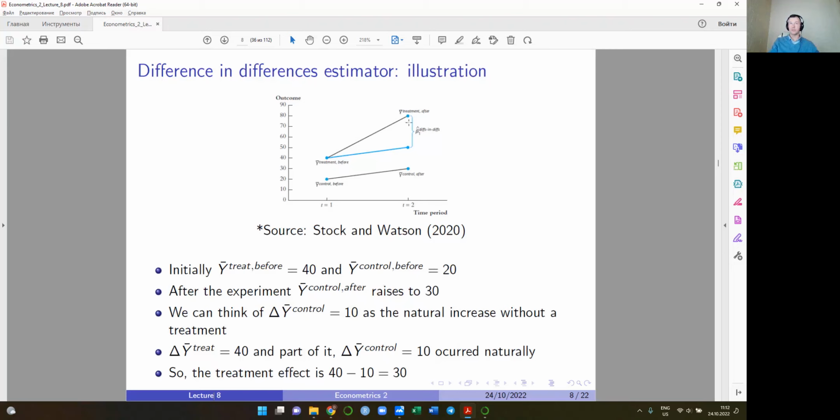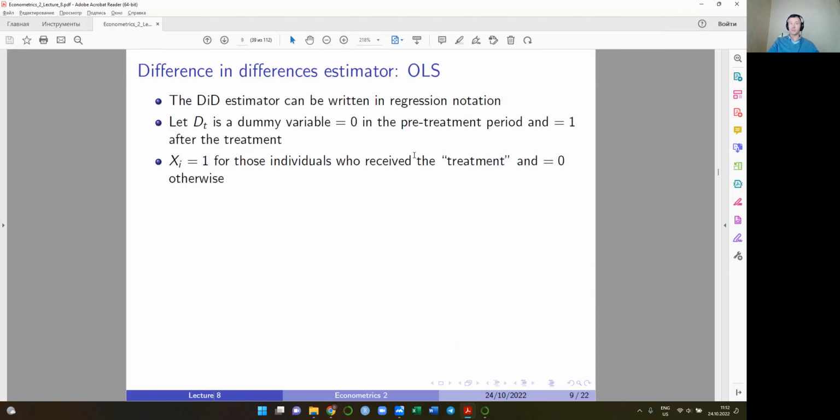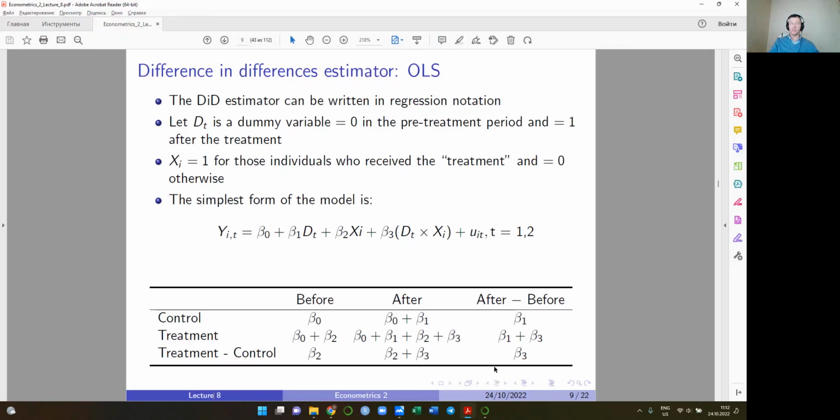So this vertical distance consists of this distance as the initial distance and this distance as the treatment effect. Therefore, the treatment effect is here, it's beta 3. So it's the coefficient on the interaction term.